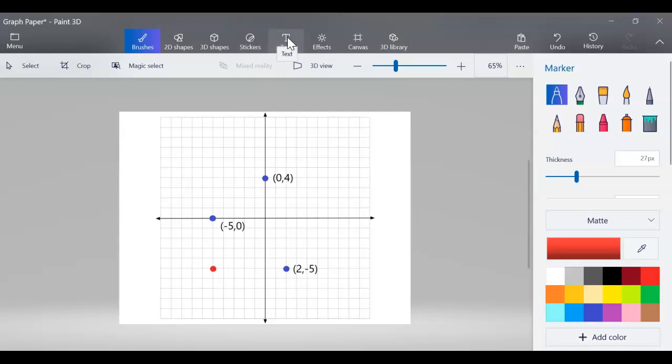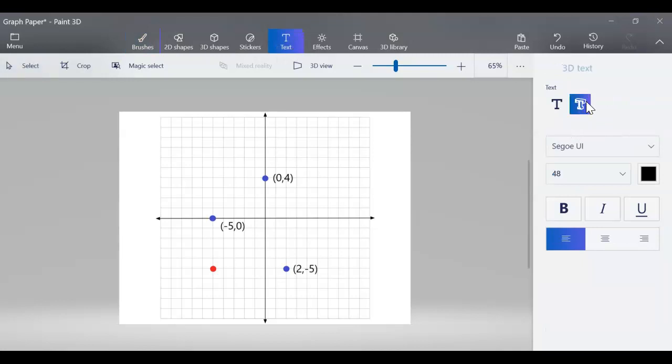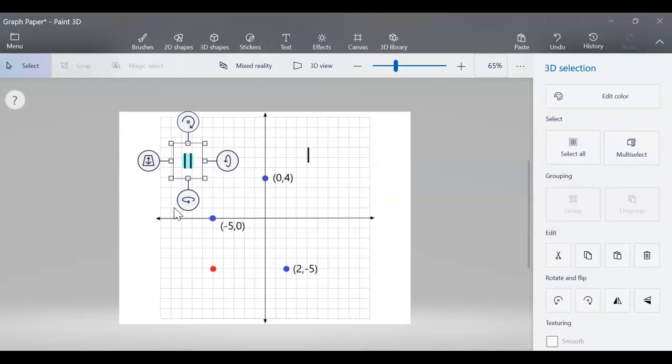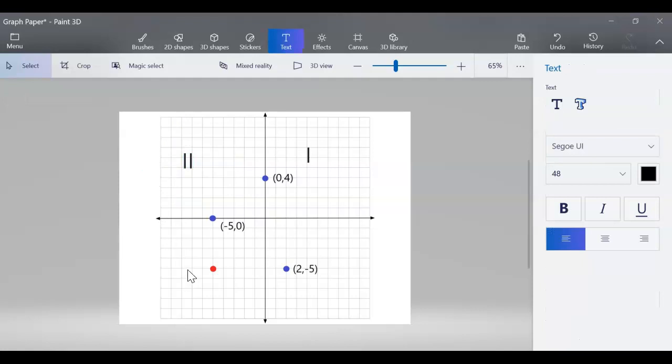Because if you remember, as far as quadrants go, quadrant 1 is this first quadrant, and then quadrant 2 is that second quadrant. It's here. The red point here, -5, is in quadrant 3.